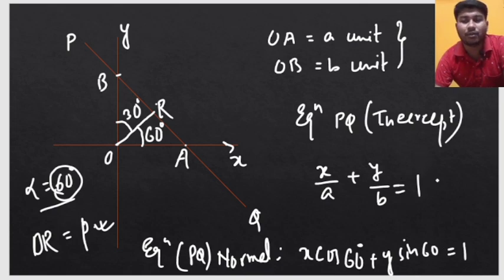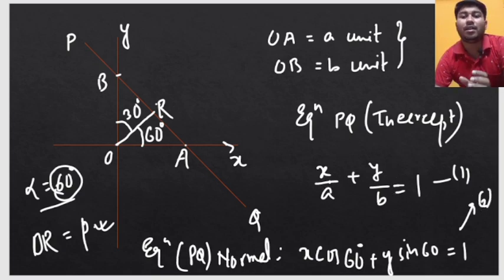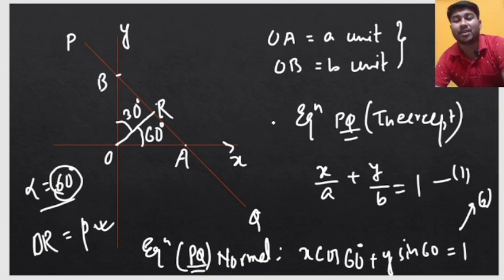Now look, if you take this equation as 1 and this equation as 2, actually these are the same line equation. This is the equation of line PQ, and here also the equation of PQ is this. The forms are different but the lines are the same. So we can say the equations are actually the same, but the forms are different.